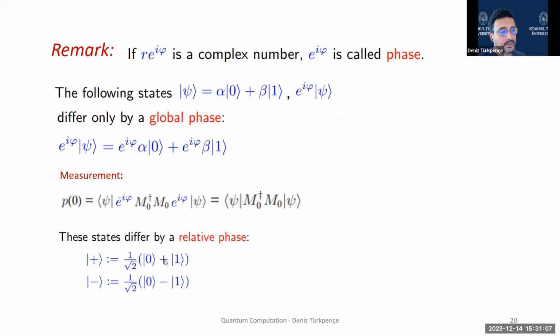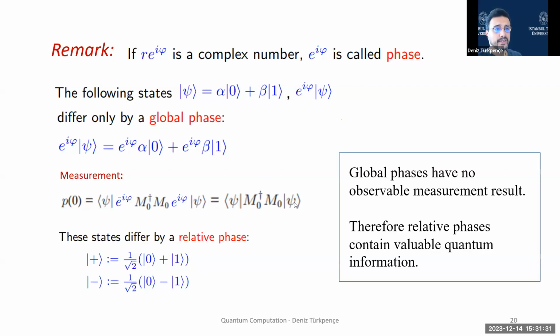For example, these two superposition states differ by a relative phase, because here e to the i phi is equal to 1, and here it is equal to -1. So these two states are completely different, and they behave differently after the measurement. Finally, we can say that global phases have no observable measurement result. Therefore, relative phases contain reliable quantum information.